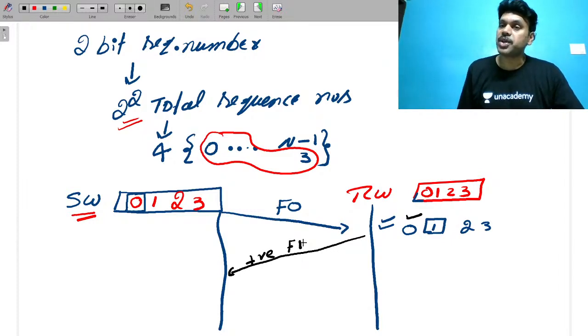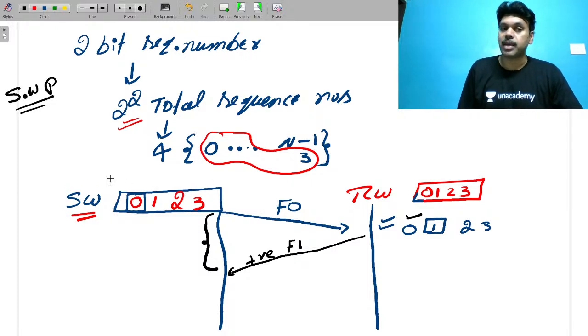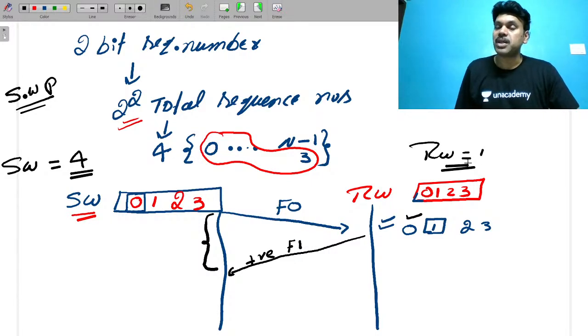Now what is going to happen? According to stop and wait, from here to here it is a wait, but we will not wait in sliding window protocol. Why? Because you can transmit 4 frames at a time. That means your sender window capability is 4, but the receiver window capability is only 1. This is common between stop and wait and sliding window.